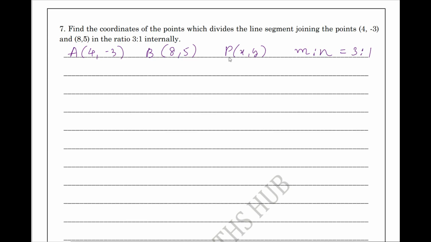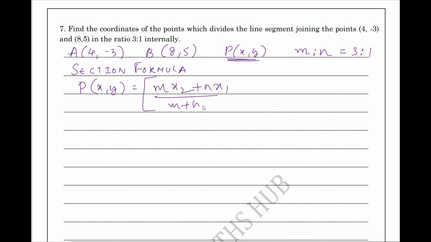Now which formula should I use to find the coordinates of P? That is using what? Section formula. Can you repeat the section formula? P of (x, y) equals (mx2 plus nx1) divided by (m plus n).